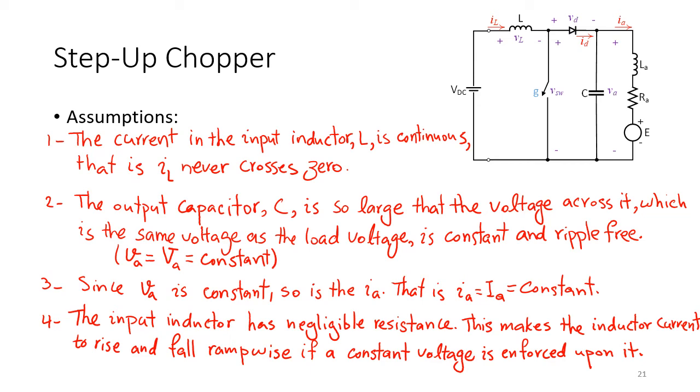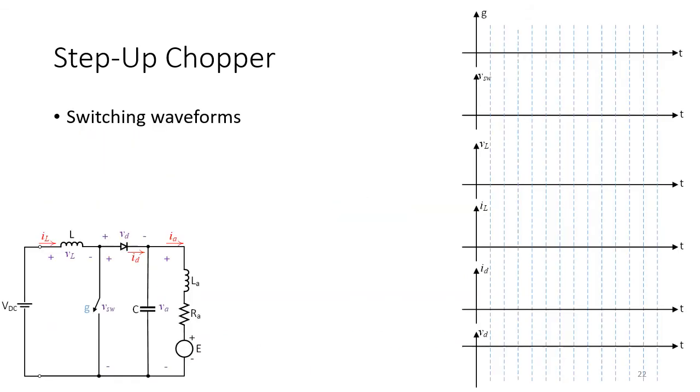If no problem here, I think I can go to the next slide to see what happens when we do the switching in this circuit. So let's assume we have some switching scheme here. We have a time period, a switching cycle like this.